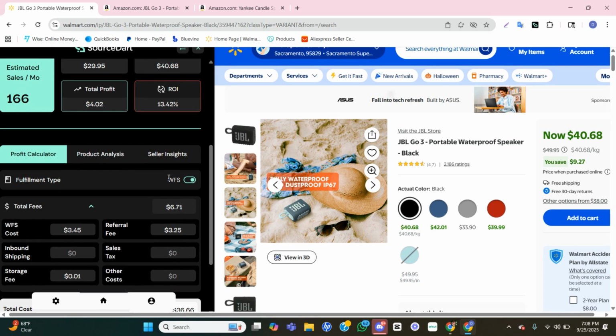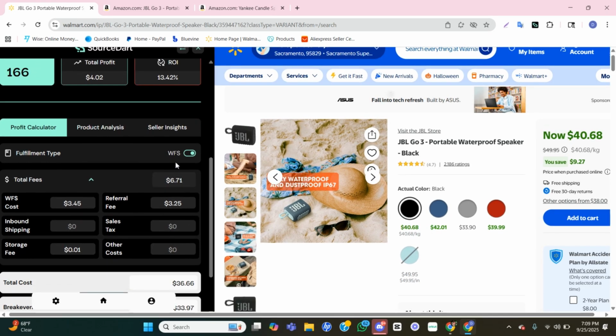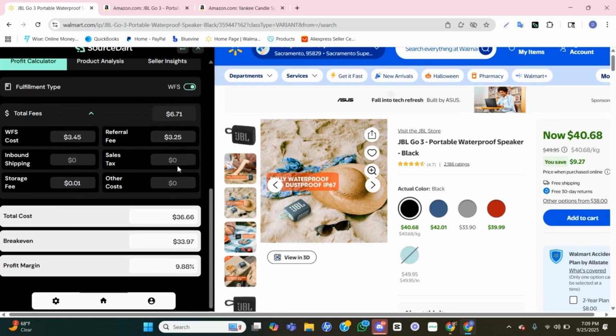SourceDart automatically calculates the fees if you're going to use WFS for this.